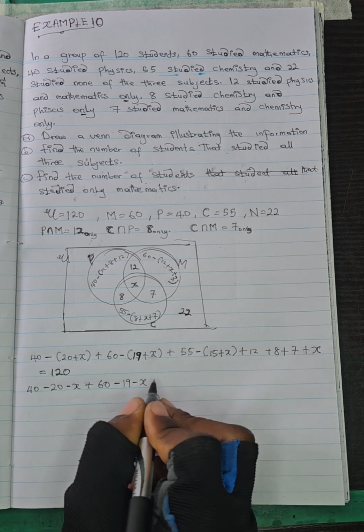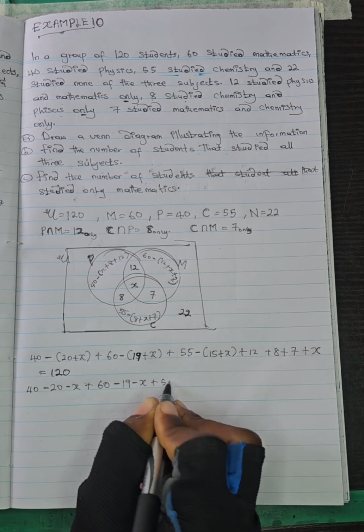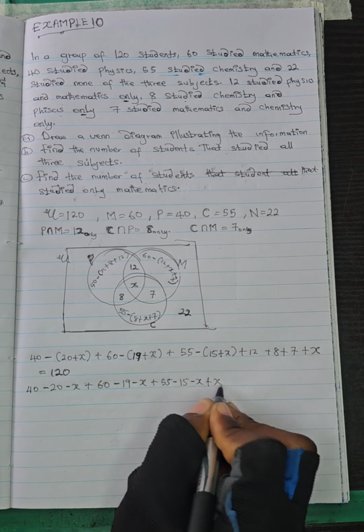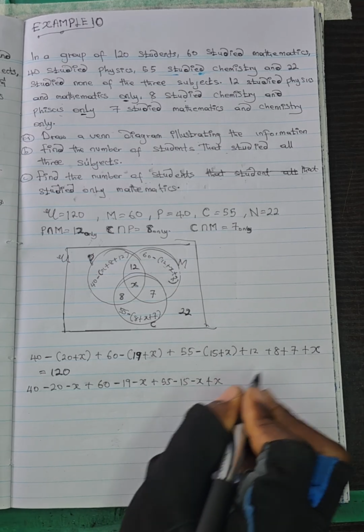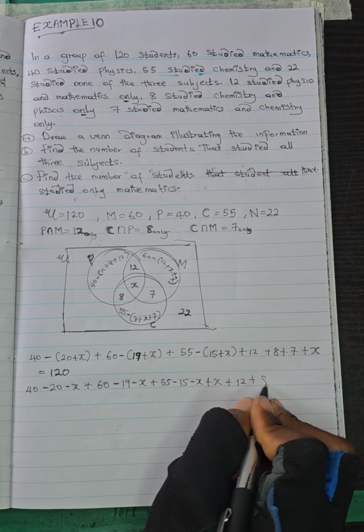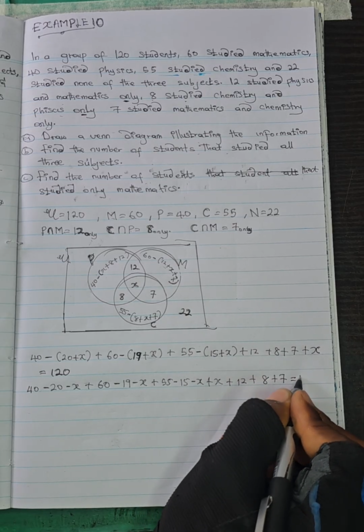That's why you're seeing minus everywhere. Plus 55 minus 15 minus X plus 12, plus X plus 12 plus 8 plus 7 is equal to what?